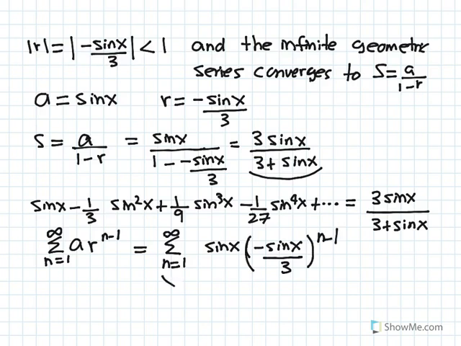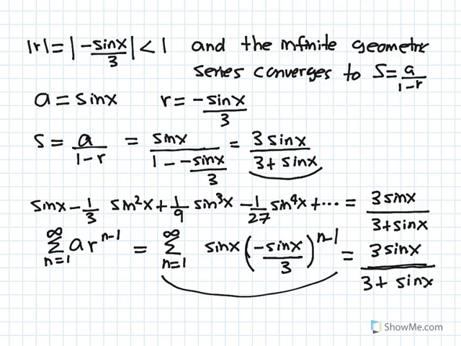This is the compact form of this geometric series, and this infinite geometric series converges to this sum, 3 sine x divided by 3 plus sine x, for all values of x. Converges for all values of x. All right, thanks.